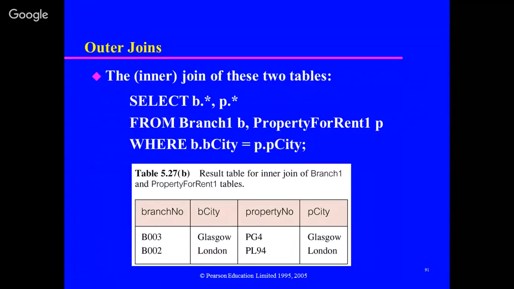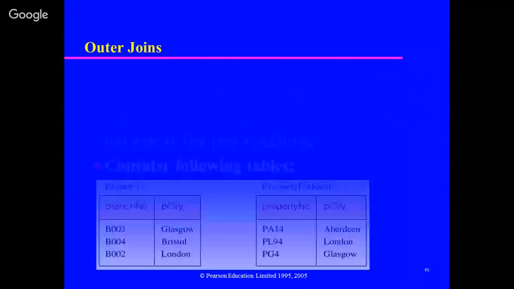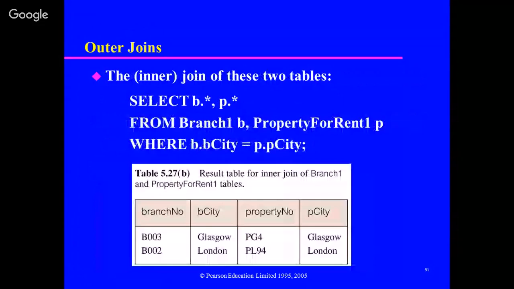Many times it is okay from an information perspective, because I'm only interested in finding out where all the properties are for all the branches. But this output does not give me the information that, for example, in Bristol there are no properties.